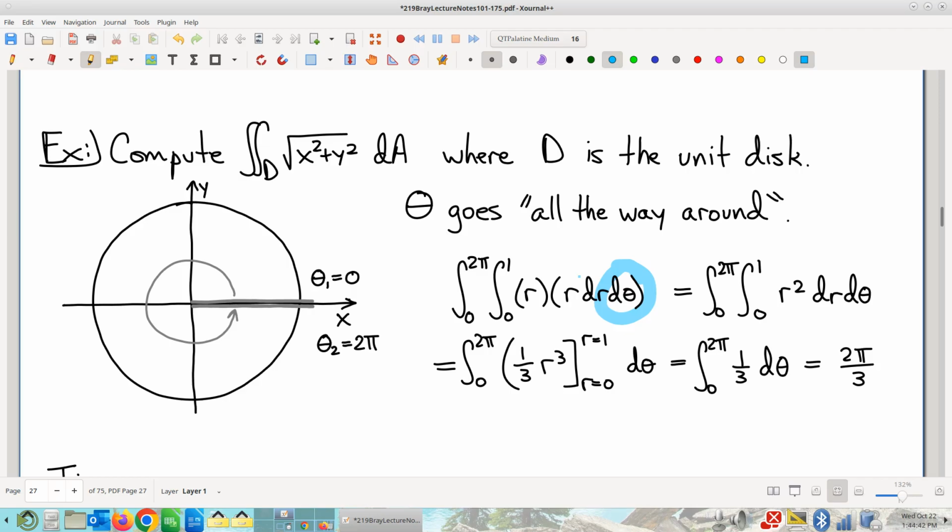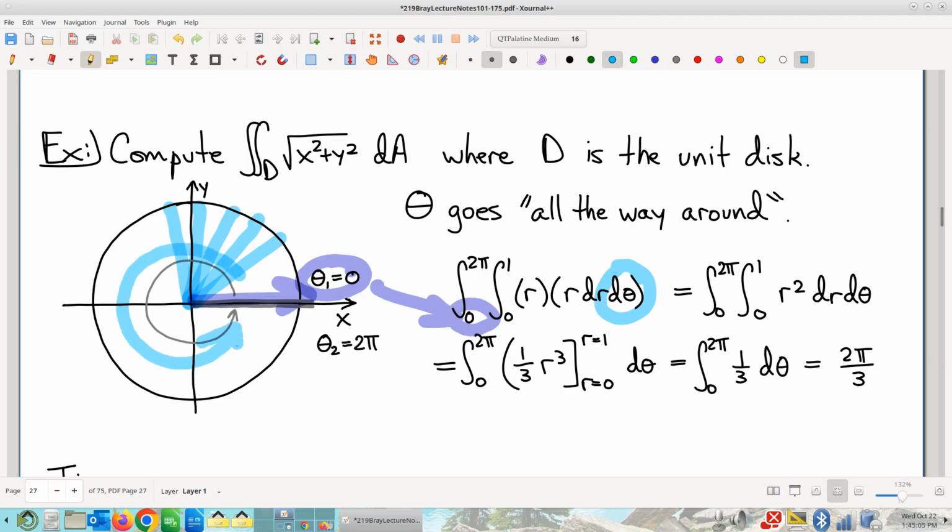But we've got theta there, and this is what our theta slices look like. That kind of thing. And I think it's a pretty reasonable pitch that the first slice is going to be where theta is 0. And then theta goes all the way around until you get to the last slice.